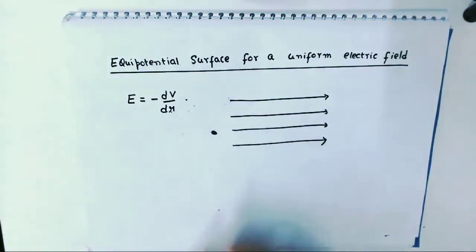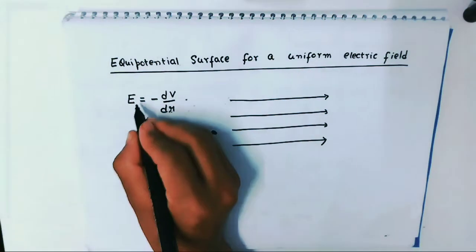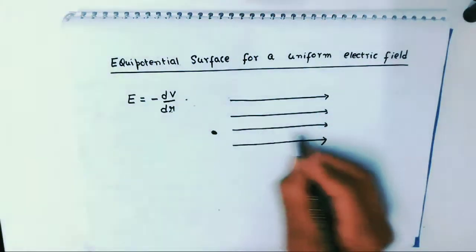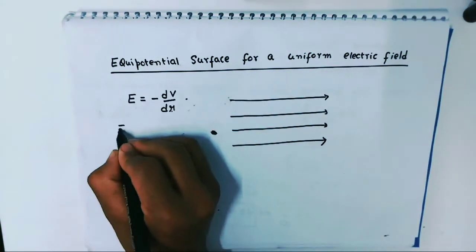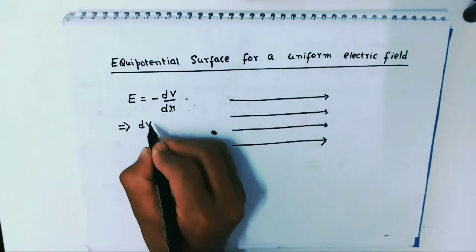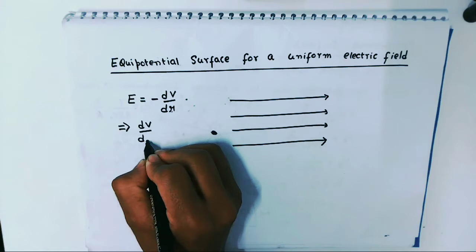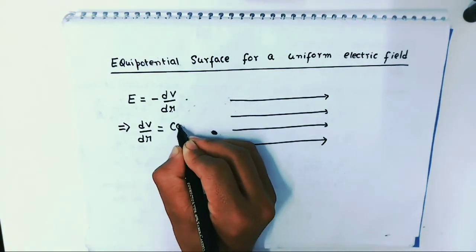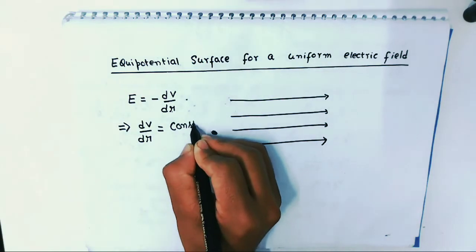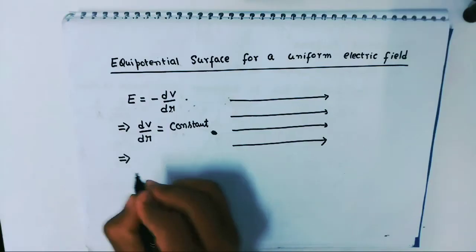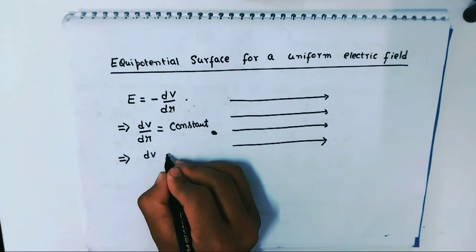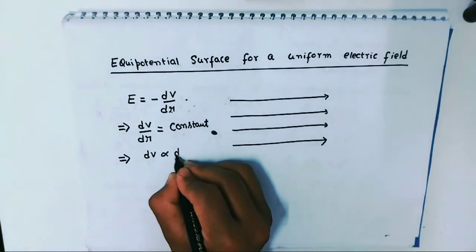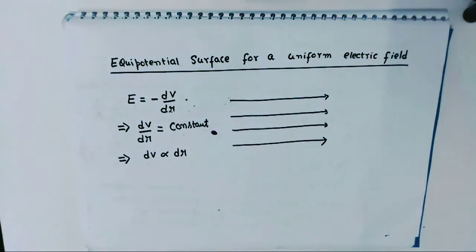As we can see, this electric field is uniform, so this implies that dV by dr is equal to constant. This means that dV is proportional to dr.